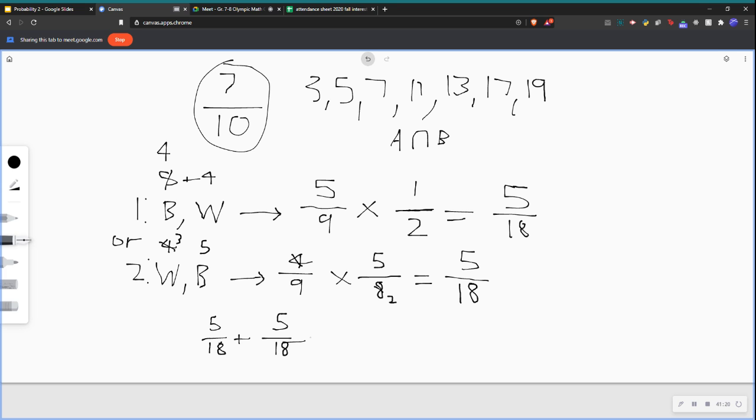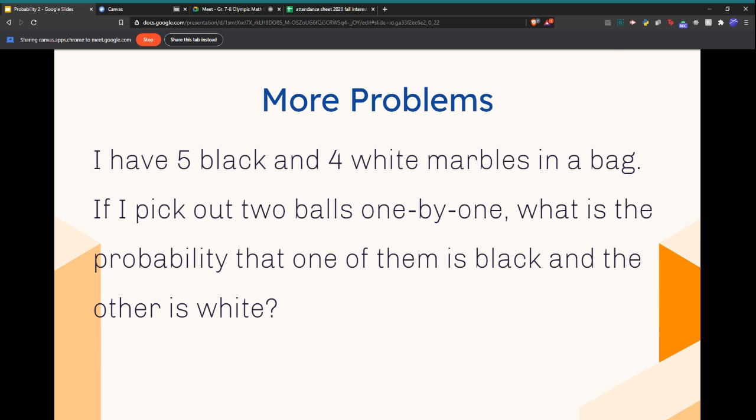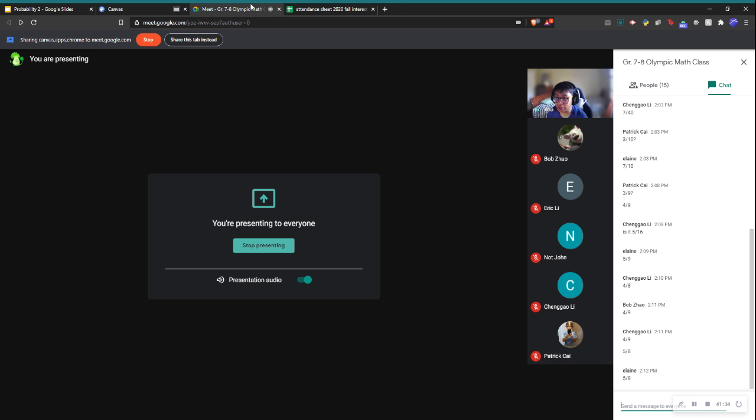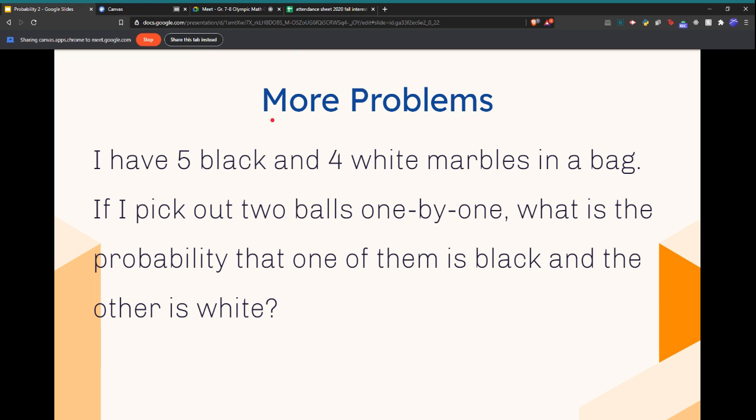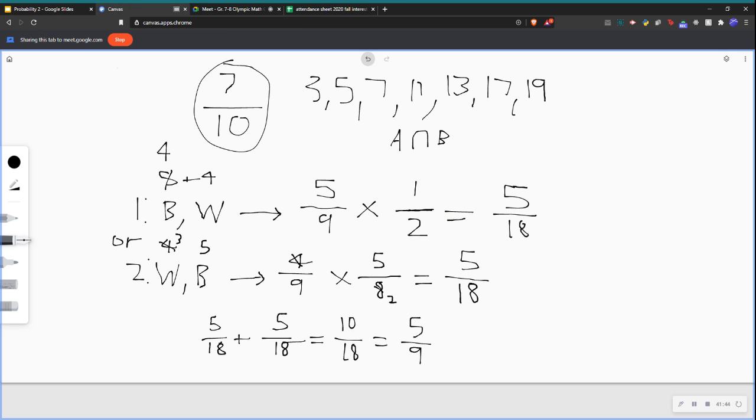This is the rule of sum. So this will give you 10/18. And if you reduce that, you would get 5/9 as your answer. All right. Any questions? No questions?